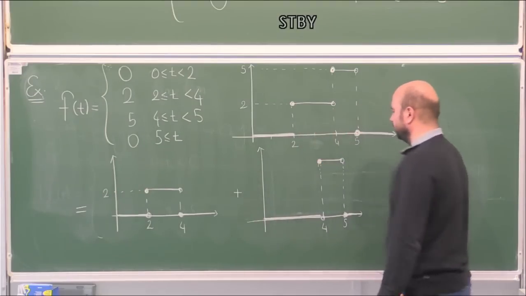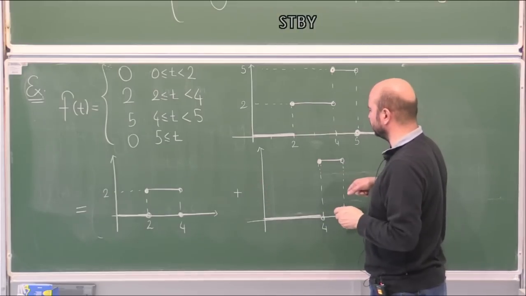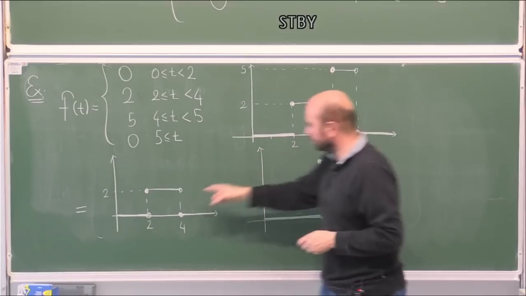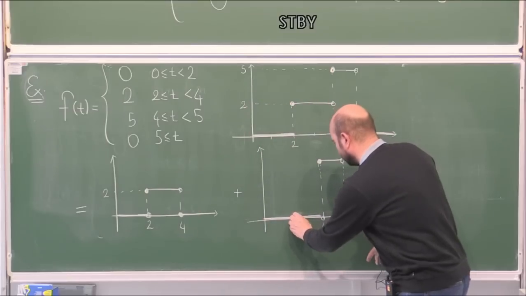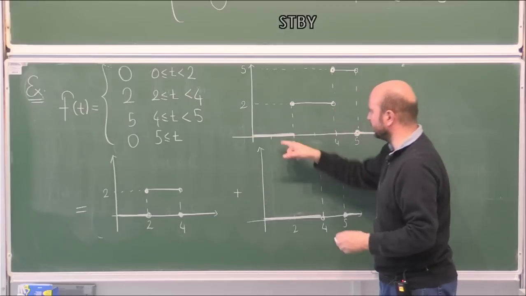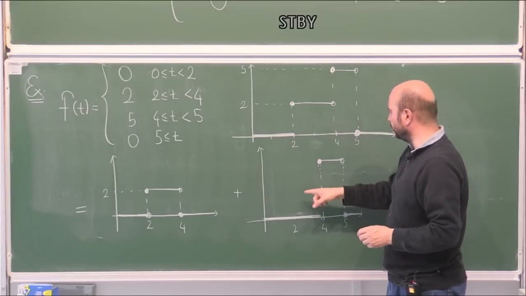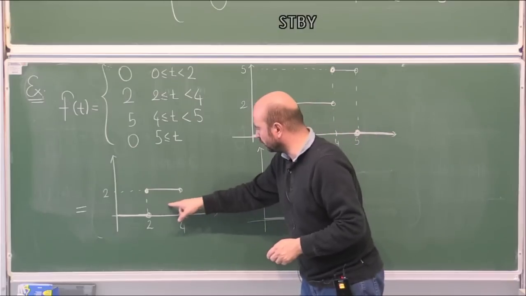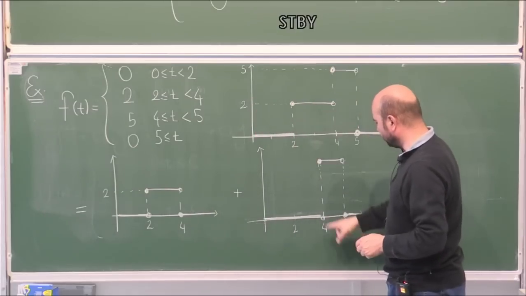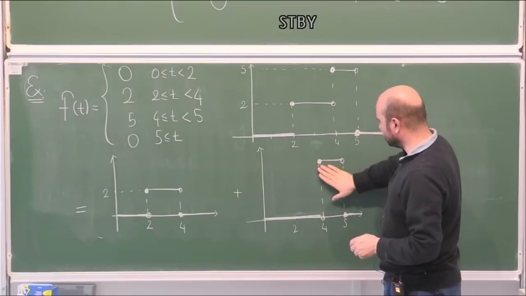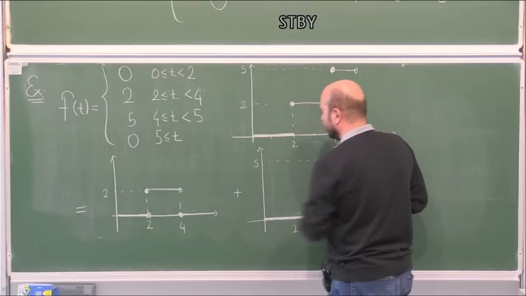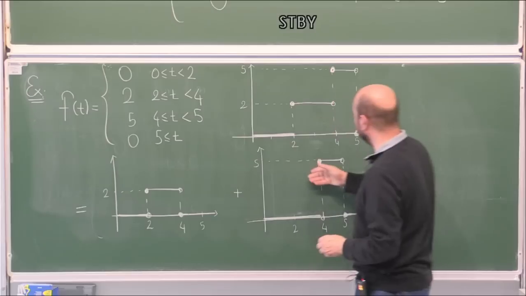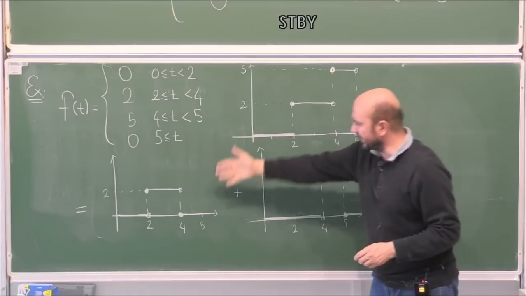If you add these two functions, you get the original. Between 0 and 2, this is 0, this is 0, and 0 plus 0 is 0. Between 2 and 4, this is 0, this is 2, and 2 plus 0 is 2. Between 4 and 5, this is 5, but this is 0, so 0 plus 5 is 5. So basically, I get these things.